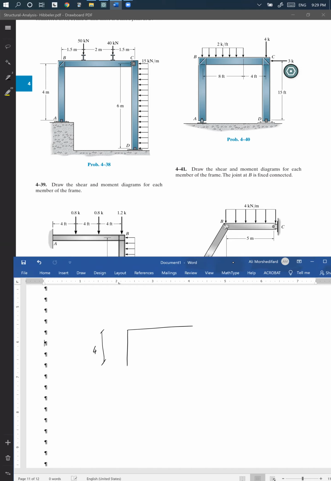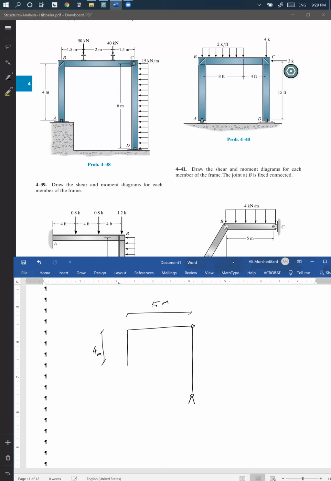This is 5 meters, and this is 6. Whenever you see these book problems, they have tried to be more realistic, but in my opinion, this is much simpler.